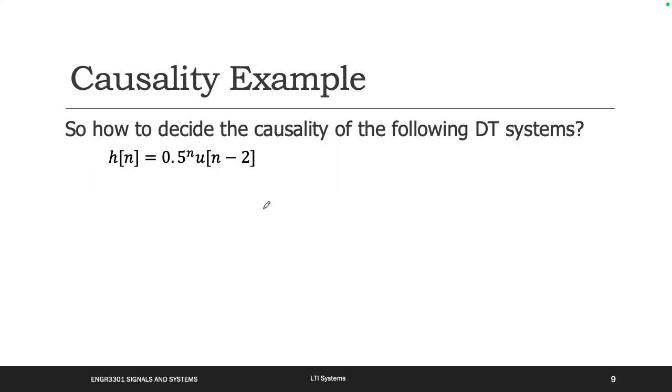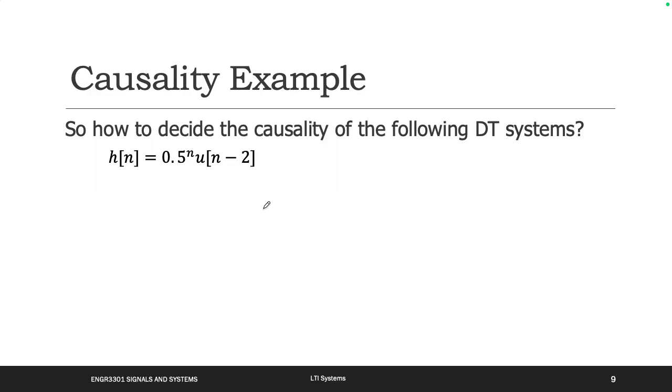What's this? It's 1 or 0. If n minus 2 is greater than or equal to 0, it will be 1. Otherwise, it will be 0. Am I right? Which means that n greater than or equal to 2, it will be 1. Am I right?